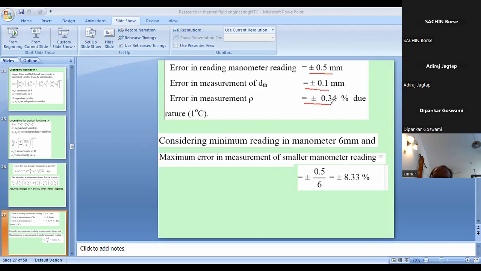Error in density measurement, 0.34. And so we have to find the relative error. The relative error in the manometer reading is 8.3%. Okay, so I'll just move to the next slide.